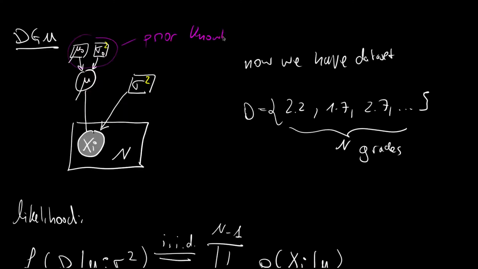And let's note this down, this is the prior knowledge. And with the help of this prior knowledge, the teacher can encode where he expects the mu to be, and he also can give a standard deviation of where he expects the mu to be. This is not a standard deviation that he is expecting for the grade distribution, it's just a standard deviation he's expecting for the prior over mu. But we will see about this in a second.